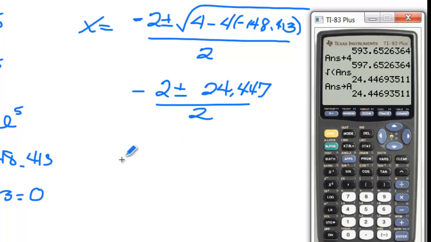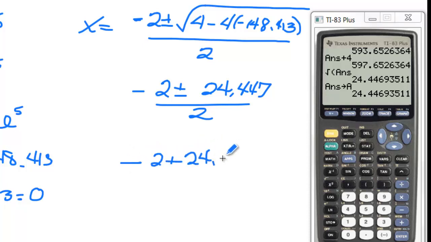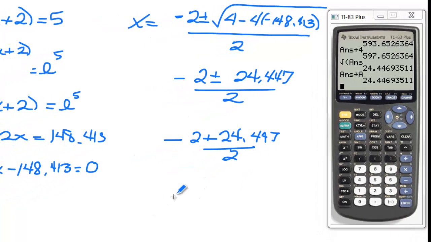So when we take a negative 2 plus that 24.447 and divide it by 2, we'll have one of our answers, and negative 2 minus our 24.447 divided by 2 will be our other answer.